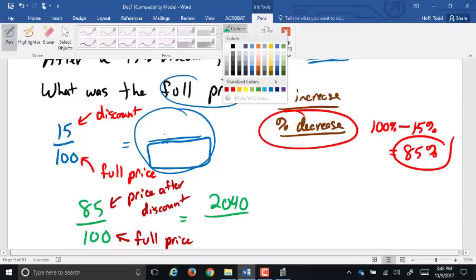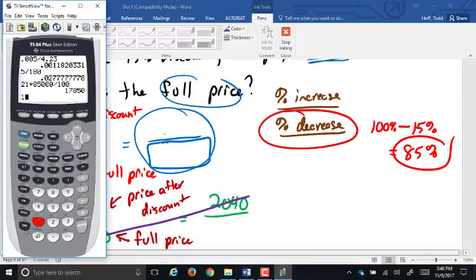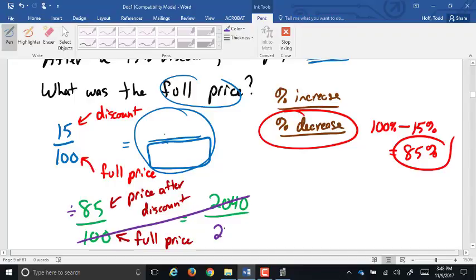So now to solve this, we're going to cross multiply and divide. 100 times 2,040 divided by 85, which gives us $2,400. So full price was $2,400. Does that make sense?